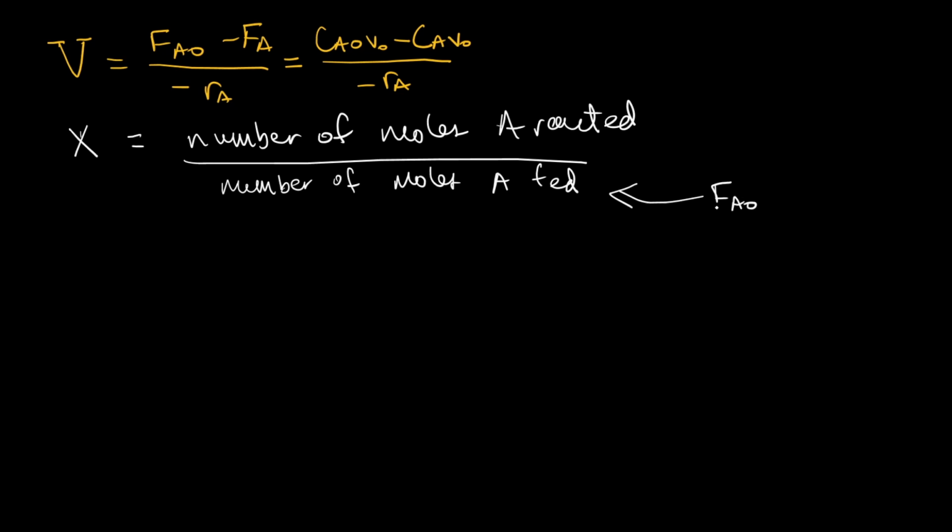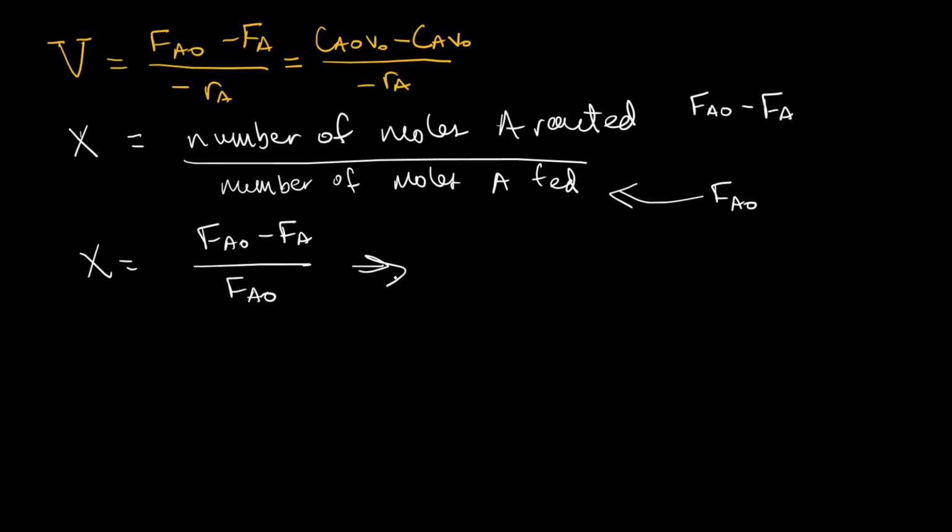So that's our molar flow rate of A entering the reactor. Number of moles reacted is not just equal to FA, because FA is basically what you have afterwards after A has reacted. So in this case, it's actually equal to FA naught minus FA. This is all of the stuff that has been converted inside of the reactor. So our X is equal to FA naught minus FA divided by FA naught.